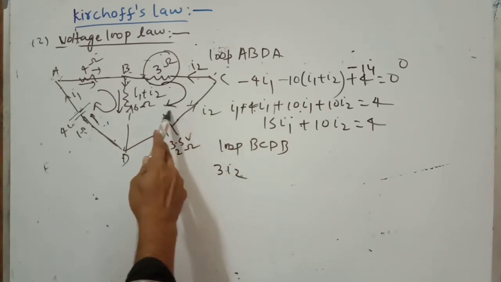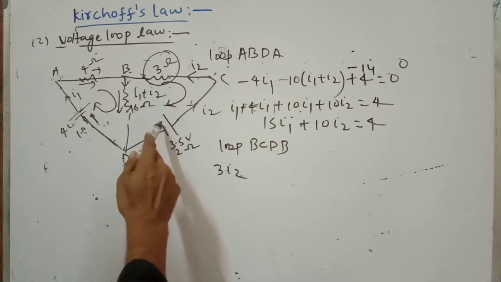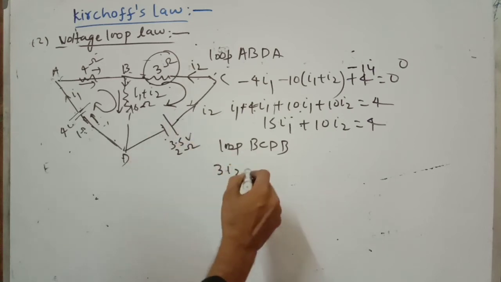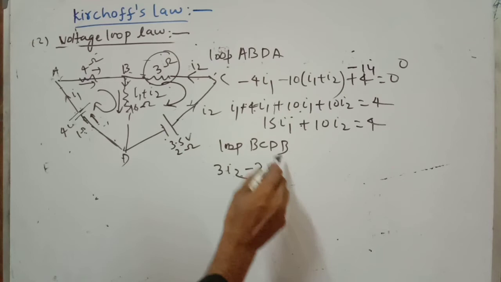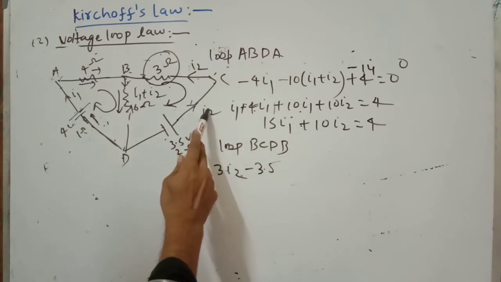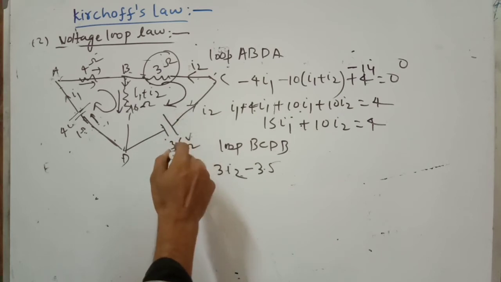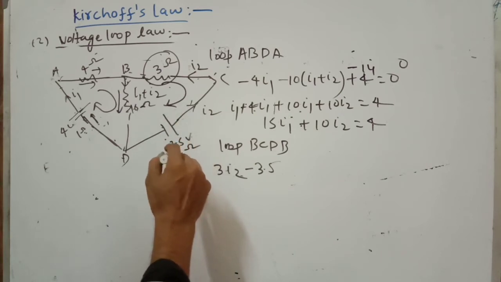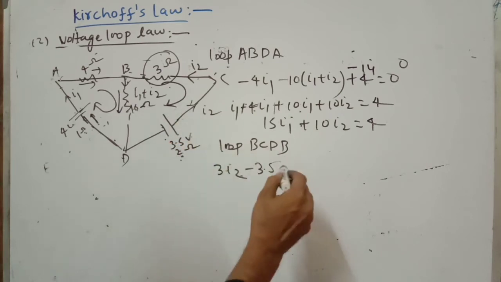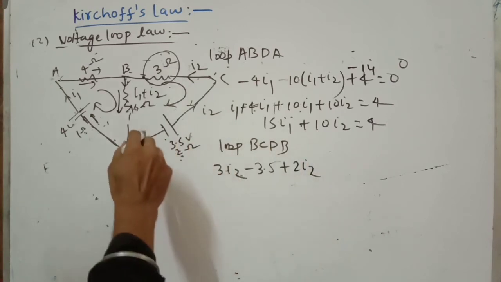Now your considered direction passes through the cell from positive to negative plate, so we write minus 3.5. And the current direction through 2 ohm is opposite to your considered direction, so the potential difference across the resistance is positive, 2I2.